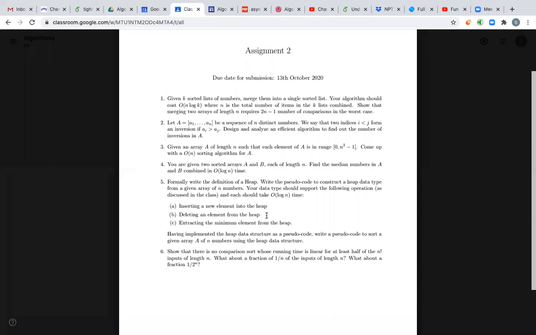But for the worst case, in the third problem? See, in the third problem, you have been given that the elements are coming from a particular range. It's not a completely general setup. It is coming from a particular range, and that is exactly what you have to use.